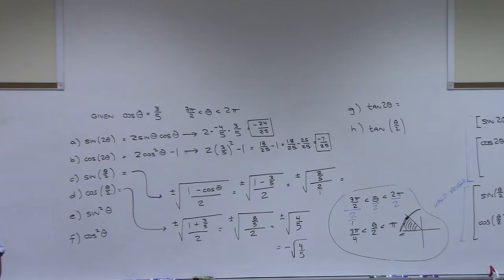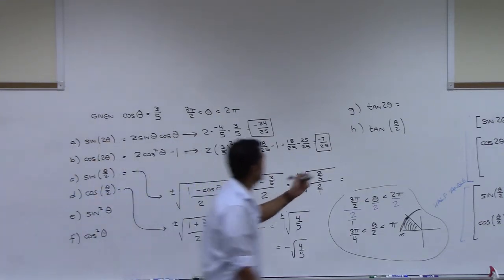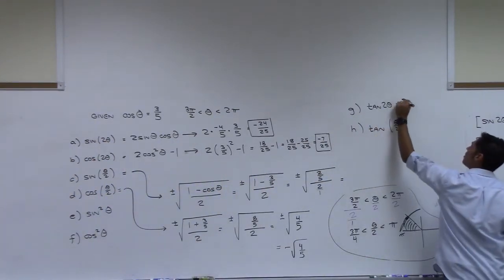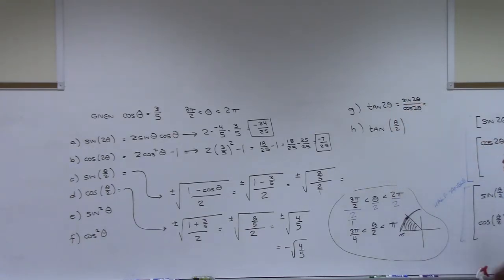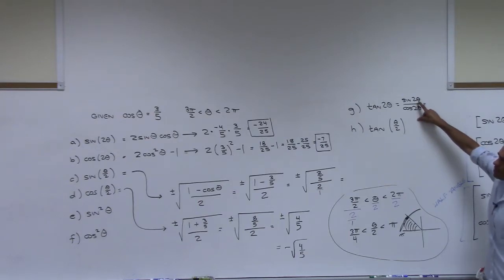Because what is tangent of 2 theta just by definition? Tangent is what over what? It's sine 2 theta over cosine 2 theta, isn't it? So this is sine 2 theta over cosine 2 theta. Did we figure out what sine of 2 theta was? We did, didn't we?